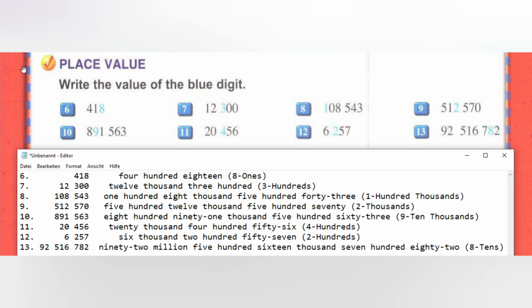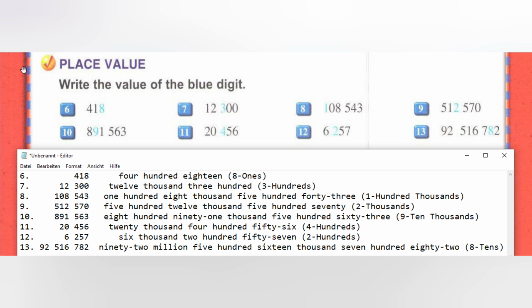So the next problem, place value, and we must write the value of the blue digits. So it means we have, I write just for you, 6 solutions, number 6, and if you have number 418, digit 8 is ones. The next, 20,300, digit 3, it means hundreds.